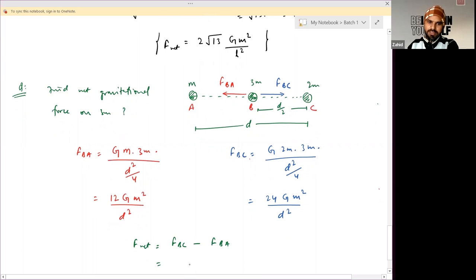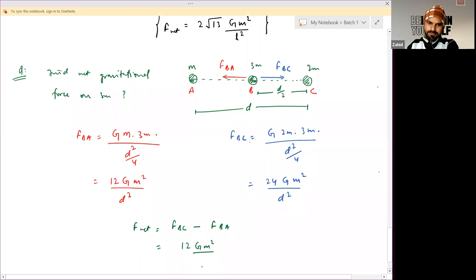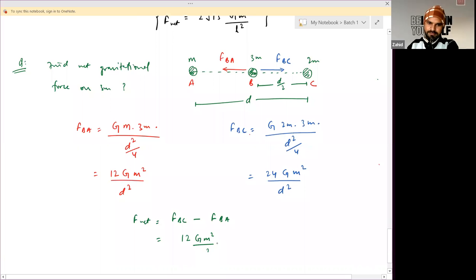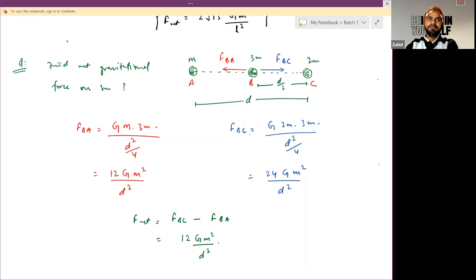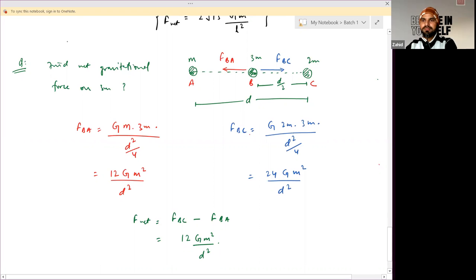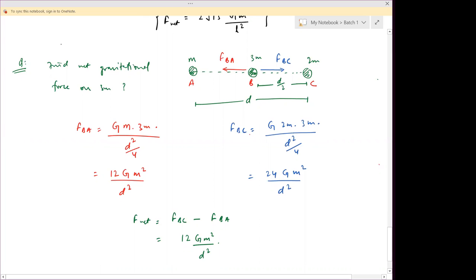So it will be 12 gm squared by d squared. Is it clear? Yes, sir. Okay.